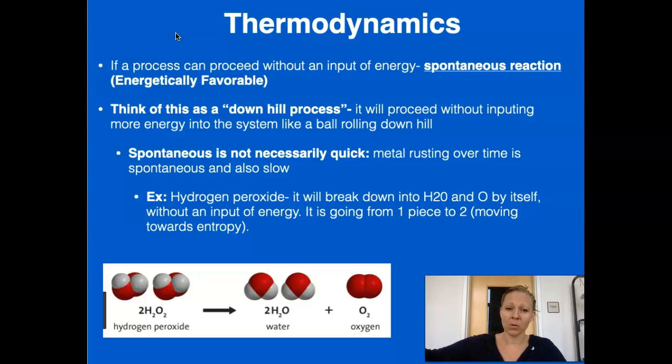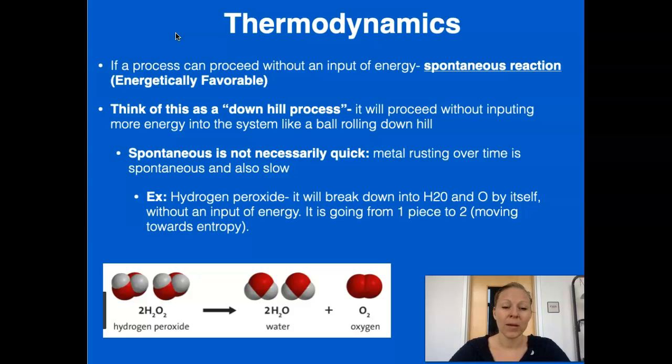You drop the ball, it will proceed, and the ball will roll down the hill. There is no need to put more energy into that system. It is going to proceed. So spontaneous is not necessarily a quick reaction. If we think about metal rusting over time, that is a spontaneous and slow reaction.